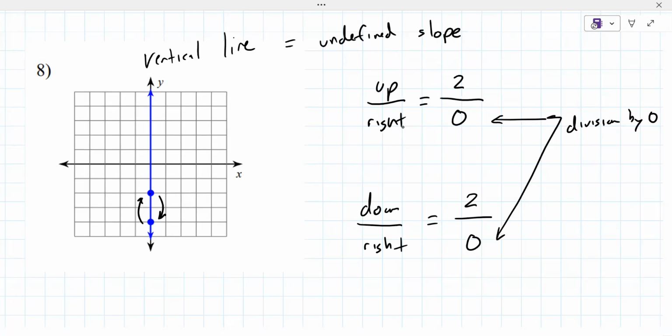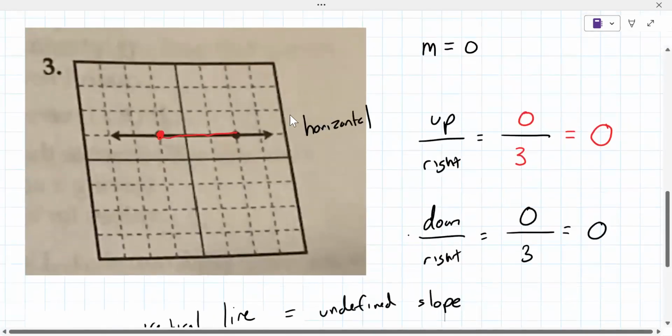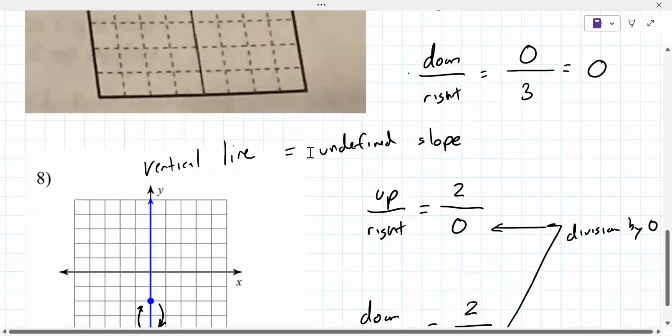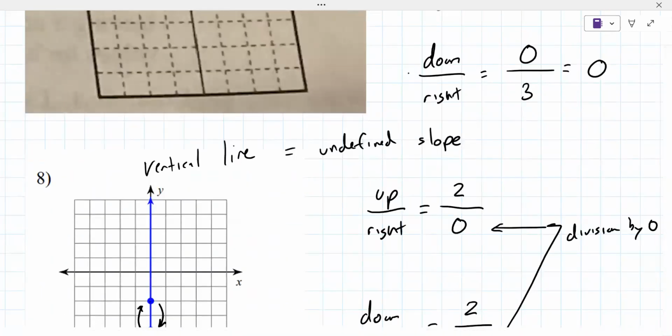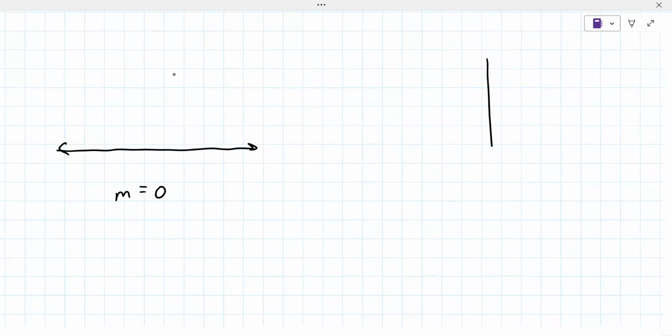Okay, so a vertical line has what's called undefined slope. Is that okay? Yeah. So you have to remember the difference. A horizontal line has 0 slope. Slope equals 0, and a vertical line has undefined slope. Let me draw the two of them so you can see them together. A horizontal line has slope equal to 0.